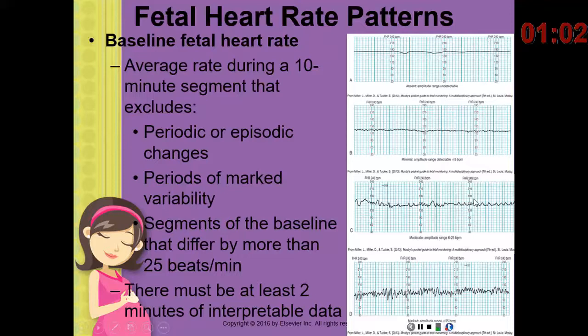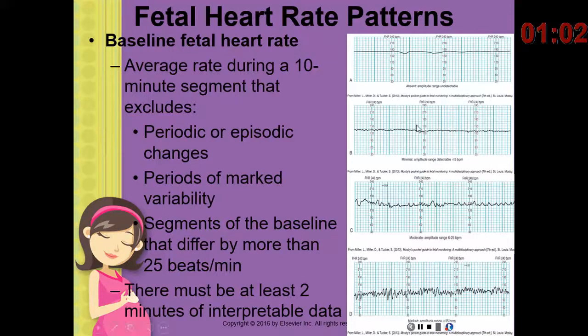Every couple of seconds, the heart rate's moving around because the fetus is constantly adjusting to its environment. So if we have a minimal variability like on B, we have less than 5 beats per minute of difference.